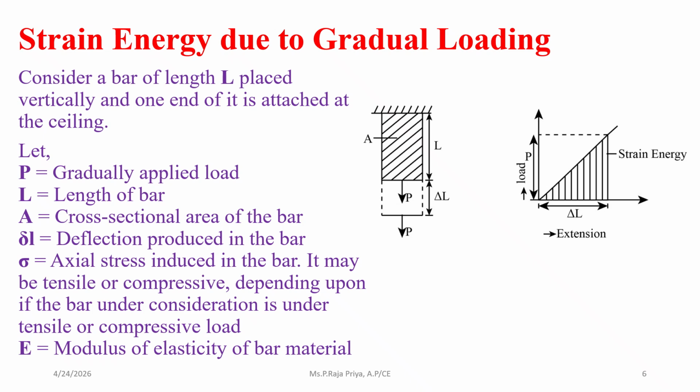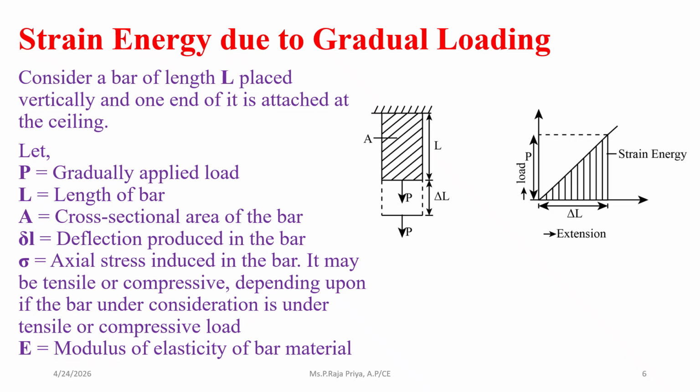Sigma will be the stress which is induced in the bar. The stress may be either a tensile stress or compressive stress based on the load. And E will be the modulus of elasticity or the Young's modulus. Since we consider within the elastic limit, we are taking Young's modulus into account. And this is the load versus extension or deformation diagram.